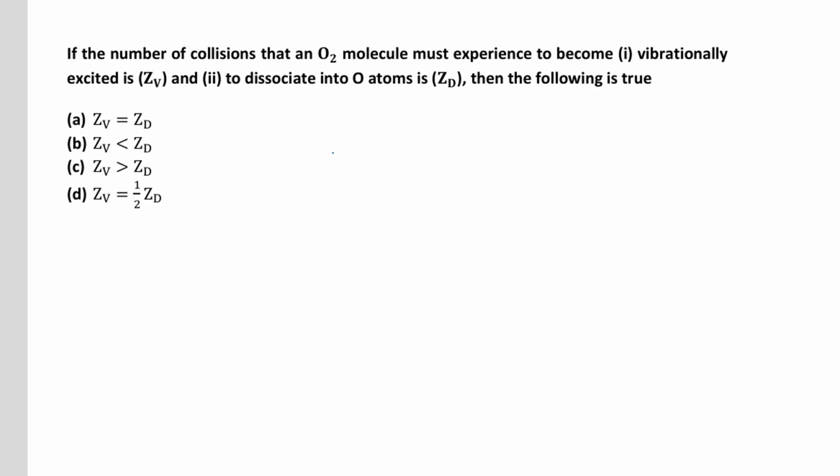For O2, this ZV is always less than ZD. So more collisions are required for the chemical reaction than for vibration excitation, because for the dissociation a minimum amount of energy is also required, and if the molecule is already vibrationally excited, then for them it is easier to dissociate, or for some chemical reaction to happen.